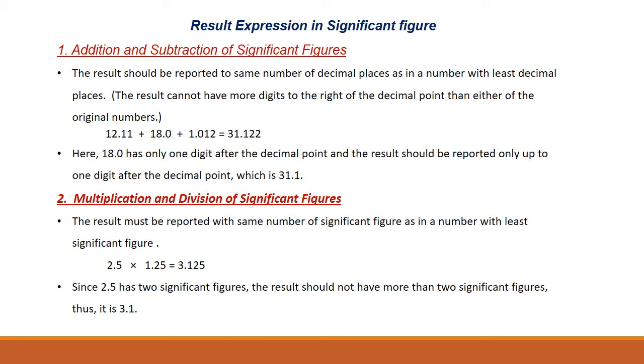So in this example, 2.5 times 1.25, the answer is 3.125, but the result should be only 2 significant figures, because 2.5 has 2 significant figures. So the answer will be 3.1. The other values, 2 and 5, are removed.